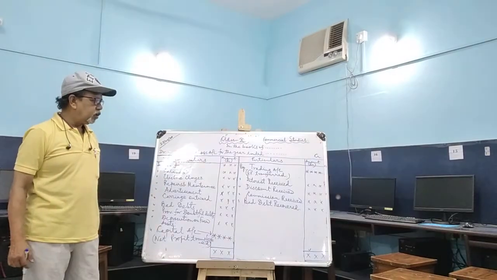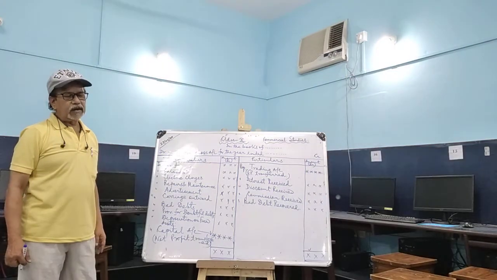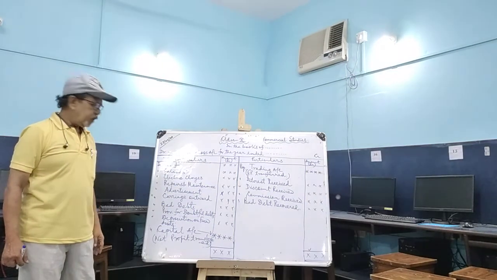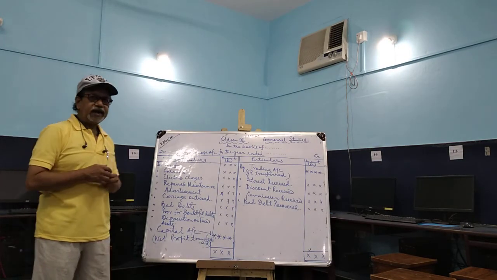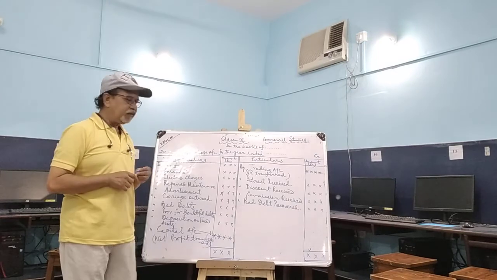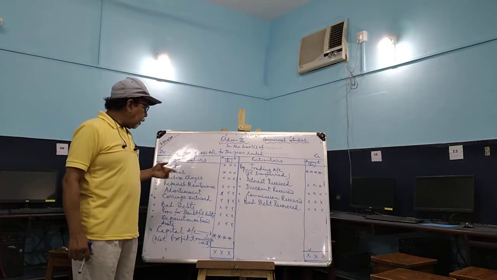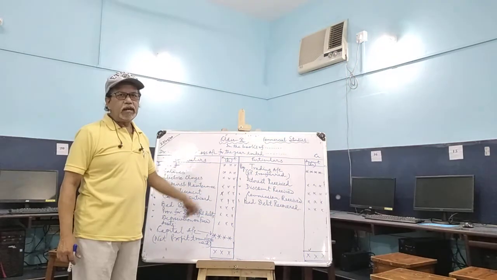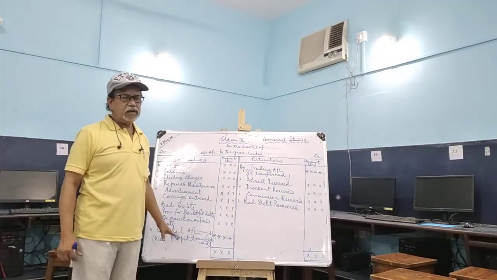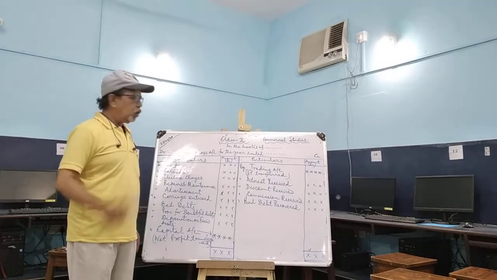This is all about your profit and loss account. Now, if you have any question, you can ask me directly. You can contact me over telephone. Or the other thing you have to do is prepare one profit and loss account at home. That is your homework.